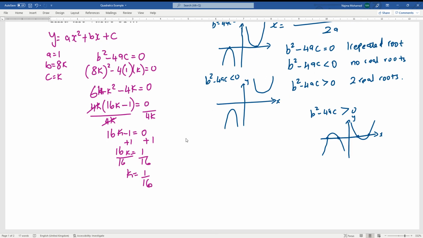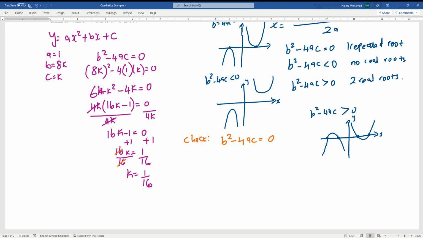How about we check? With algebra, I always tell my students, check, check, check, because sometimes you could make an arithmetic error somewhere and miss things. So b squared minus 4ac should equal 0.